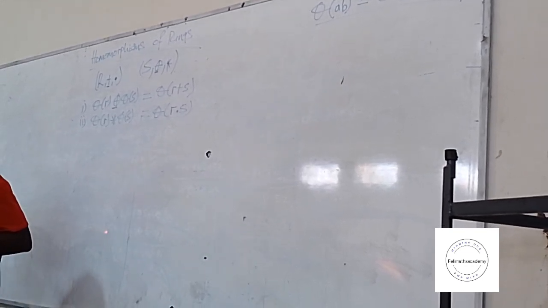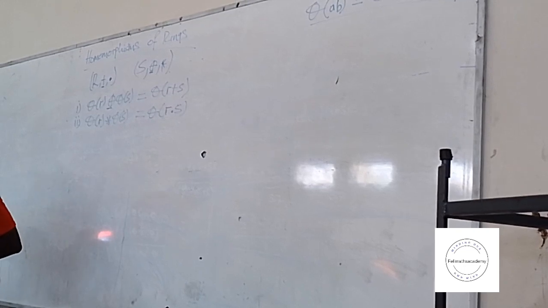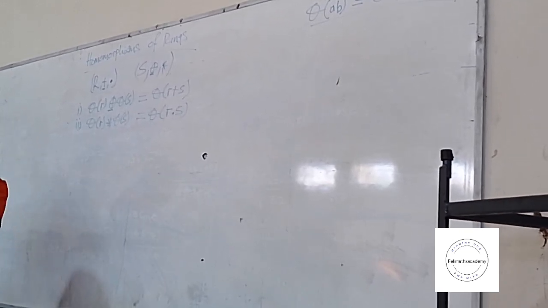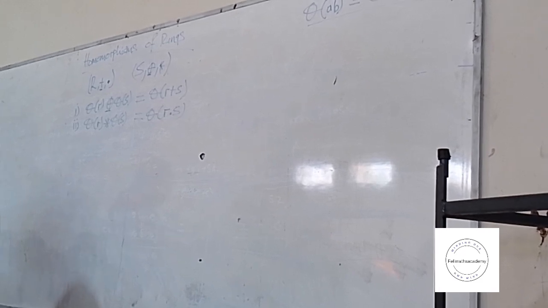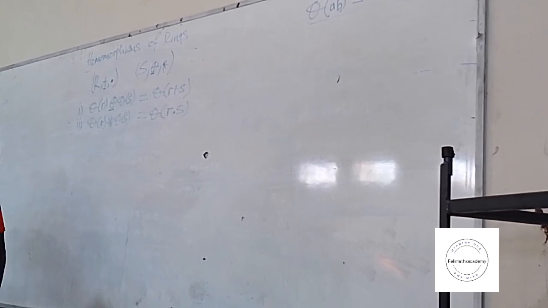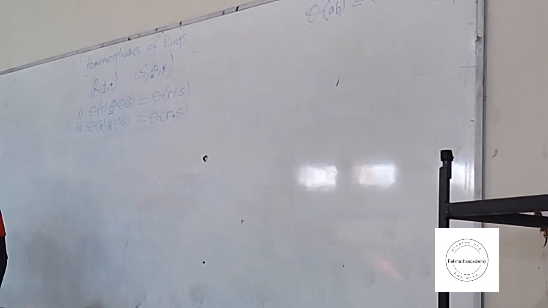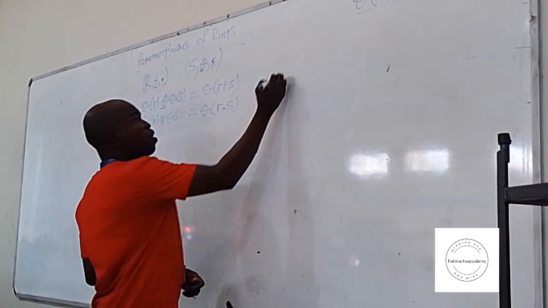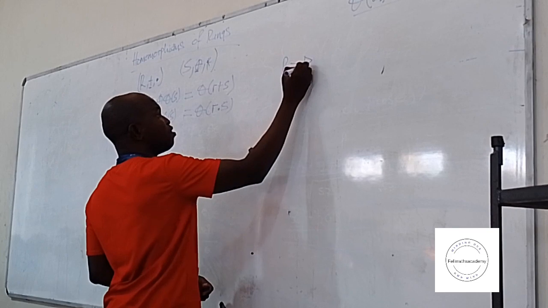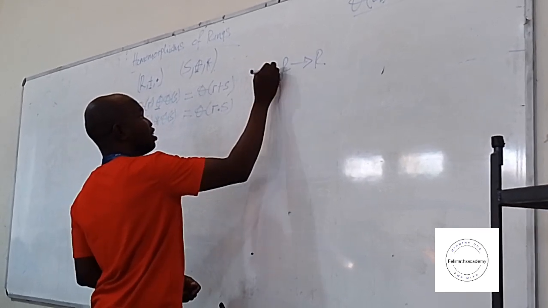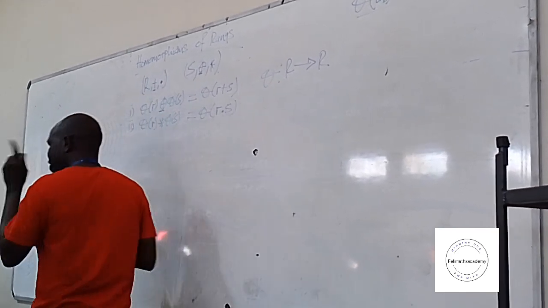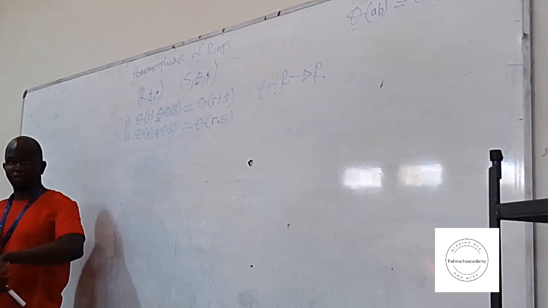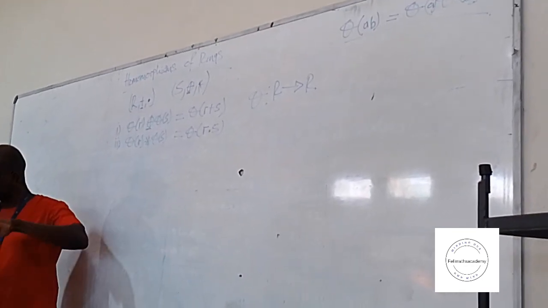Then endomorphism, it's a new term now, for rings. Endomorphism: if theta is an epimorphism from R to R, okay? It's a mapping from R to R. Theta is R to R. A ring mapping into itself and being surjective, being an epimorphism.